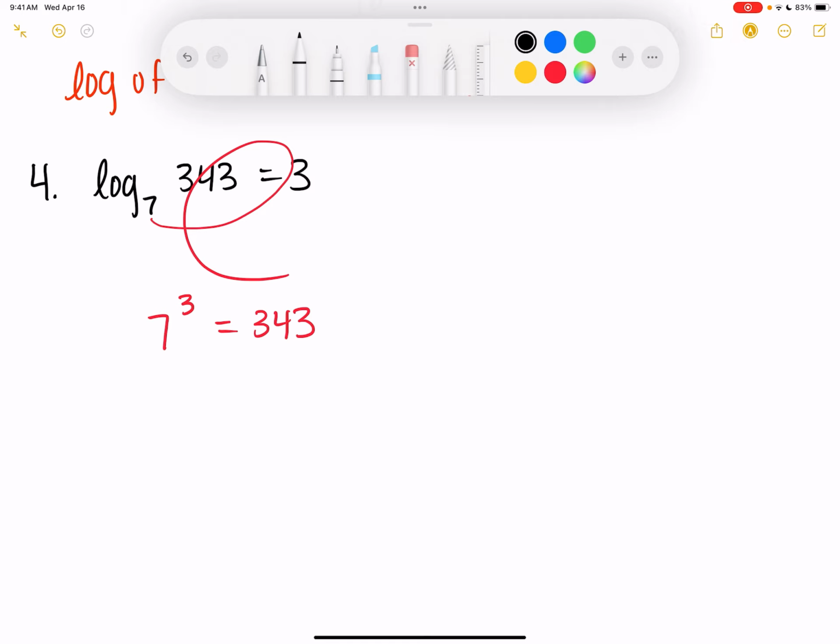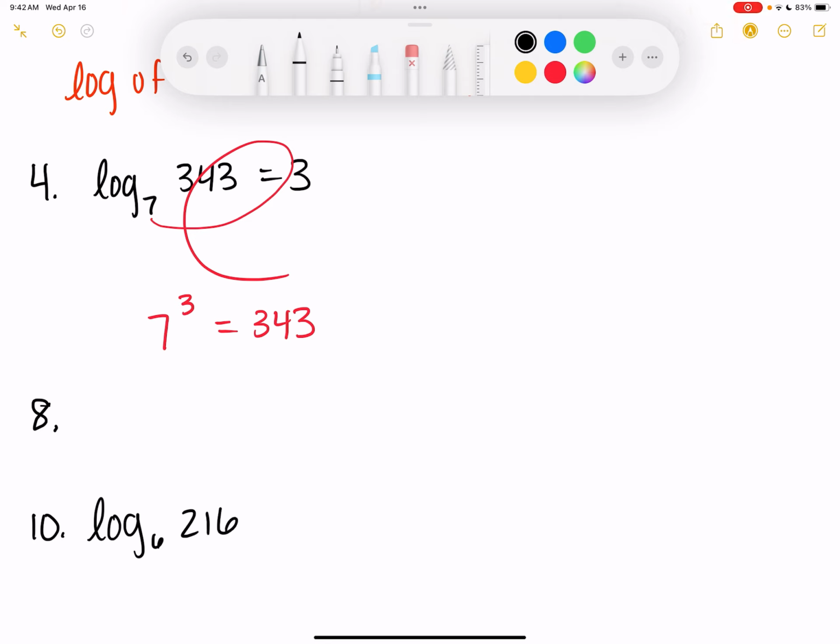Or the log can't work. Normally you're going to get something like some of the ones we're going to do. For example, number 10 would be log base 6 of 216.